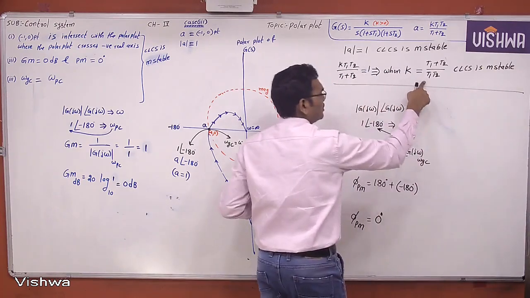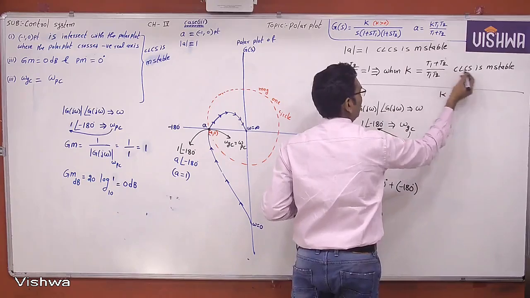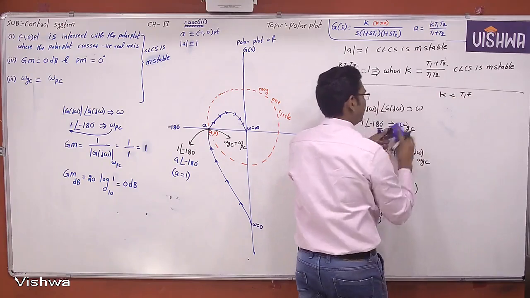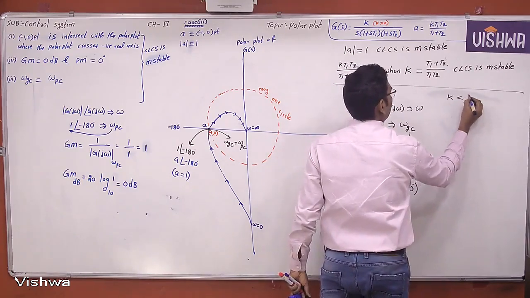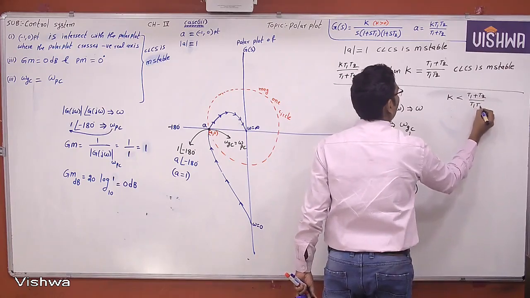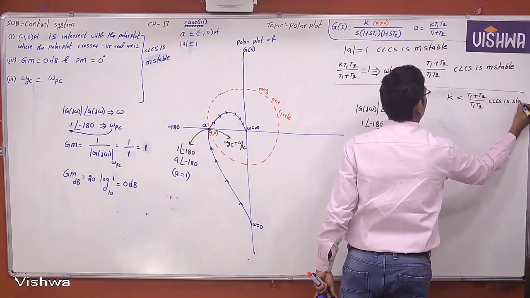When K is less than (T1 plus T2) by T1 T2, the closed loop control system is stable.